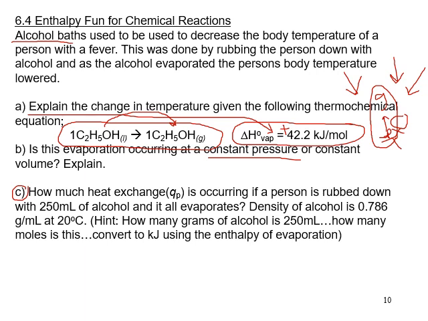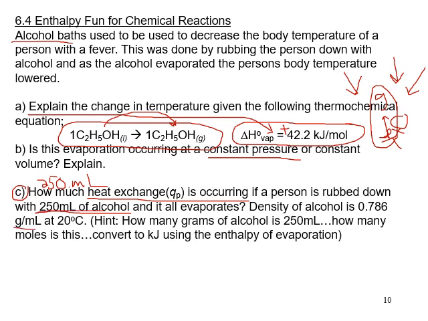And letter C is asking if you actually put a certain amount of alcohol on the person, and you can put a decimal here. I feel like I should have 250 to give you some more significant figures. If you have 250 milliliters of alcohol and it all evaporates, how much energy was taken from the person? How much heat exchange is occurring? So remember, you have a volume, and you have a density.